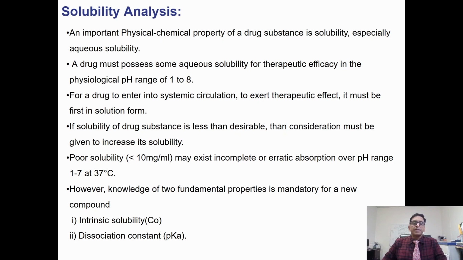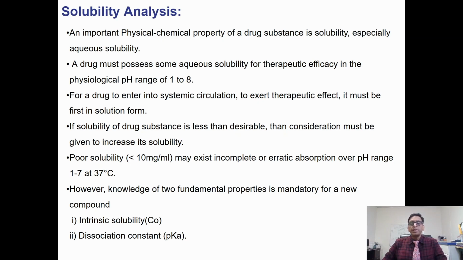Most of the time it is noticed that poor solubility, less than 10 milligram per ml, may result in incomplete or erratic absorption over a pH range of 1 to 7 at 37 degrees centigrade, body temperature.